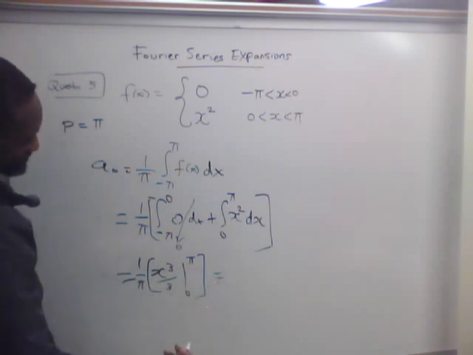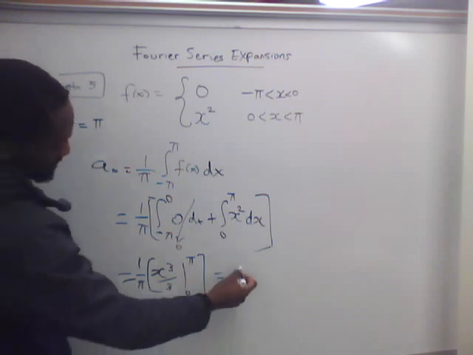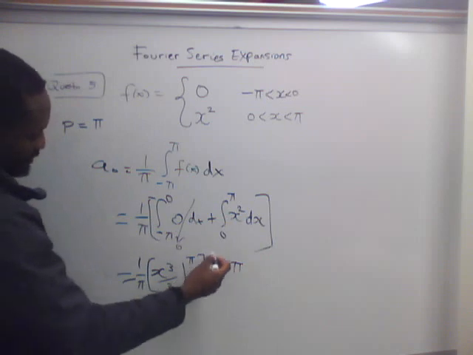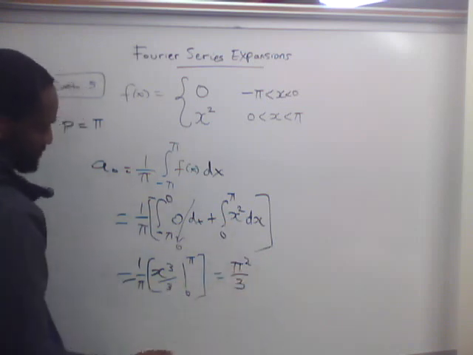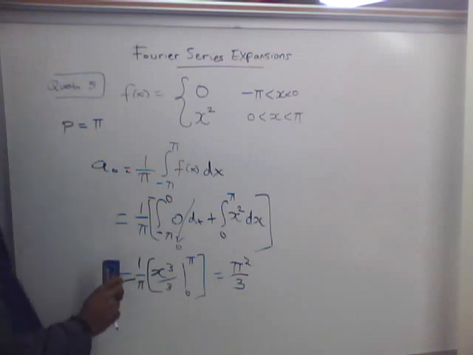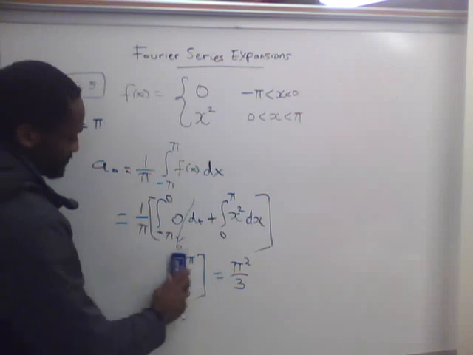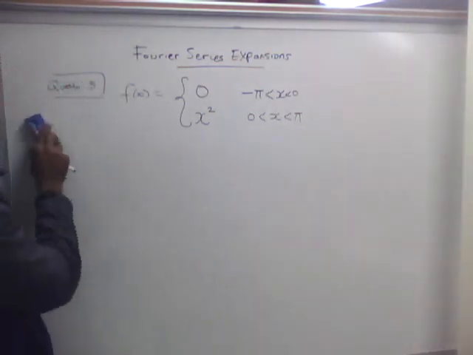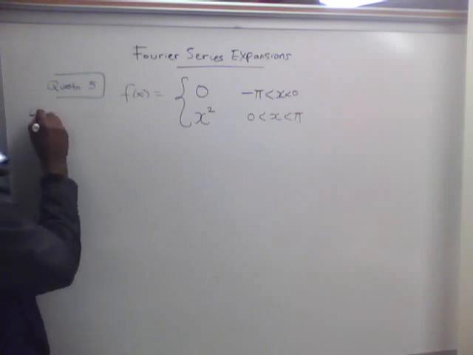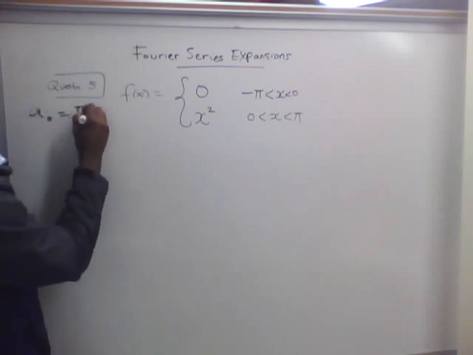So pi cubed over 3 divided by pi, that is just pi squared over 3. Okay? So that's the first coefficient. So let's have that recorded, pi squared over 3.